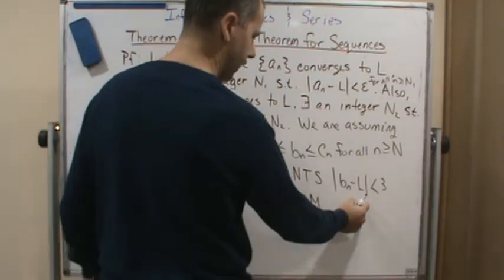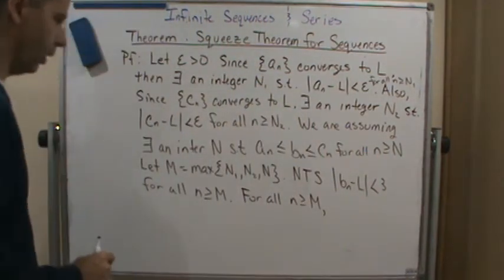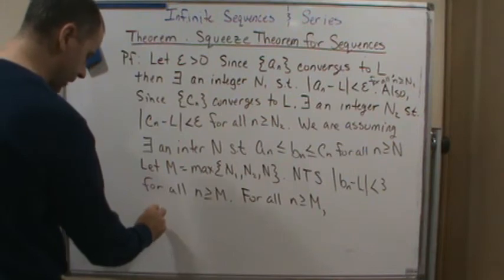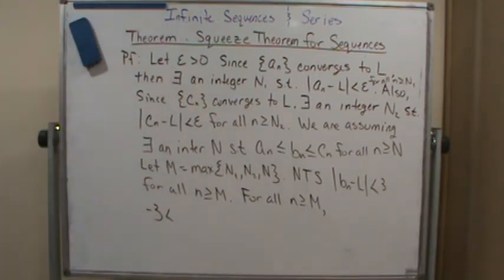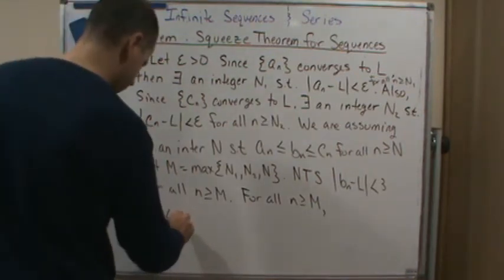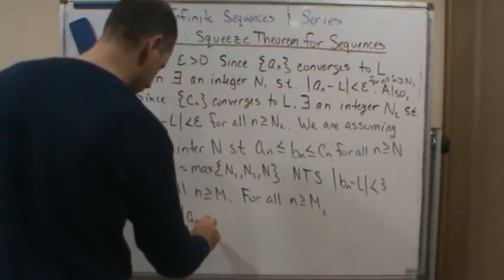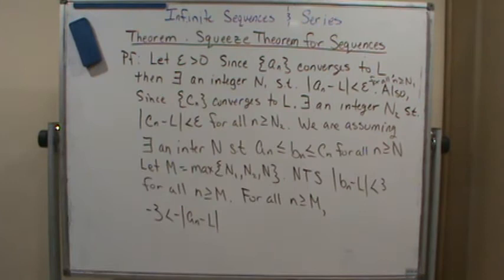Since we're using absolute values, we know we can write this as negative epsilon is less than the negative of the absolute value of a sub n minus L, and that has to be less than or equal to a sub n minus L.